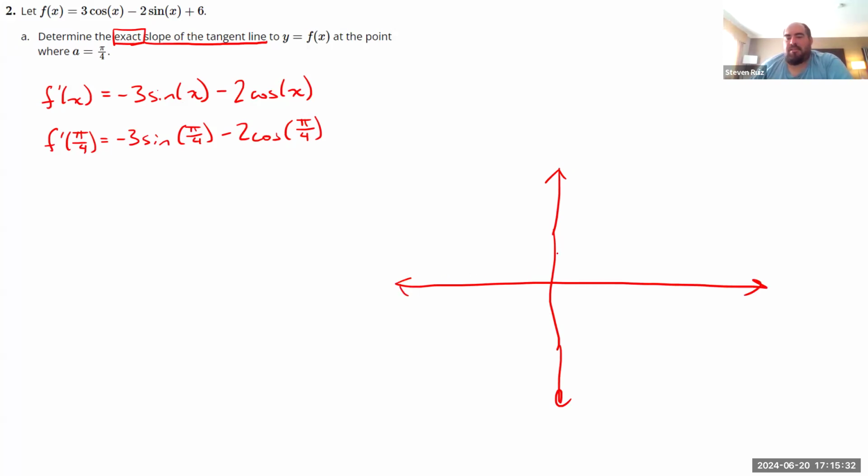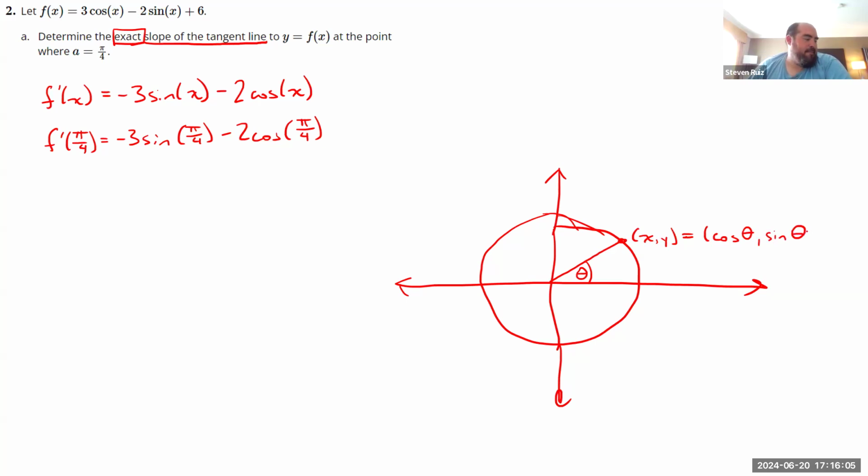One way to interpret them is this: if we look at the unit circle, a circle of radius 1 centered at the origin, any point with xy coordinates has x equal to the cosine of the angle theta, and y equal to sine of theta.